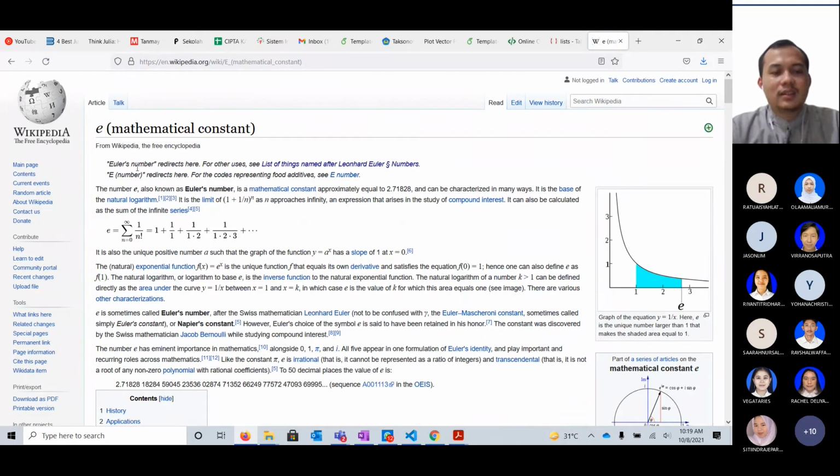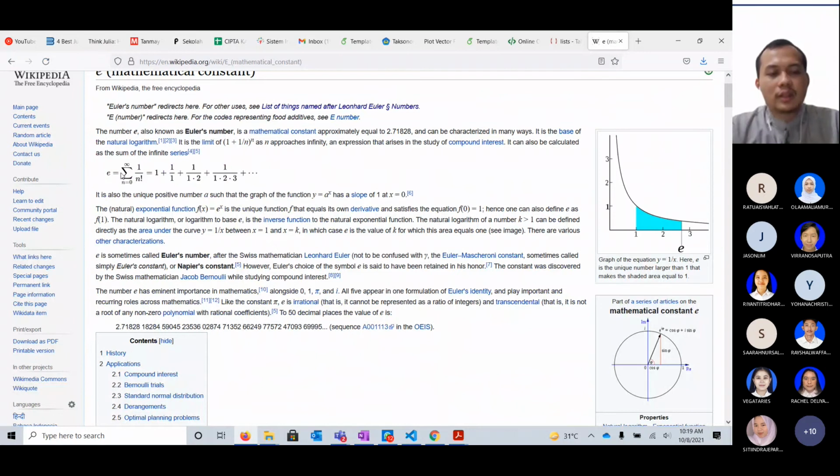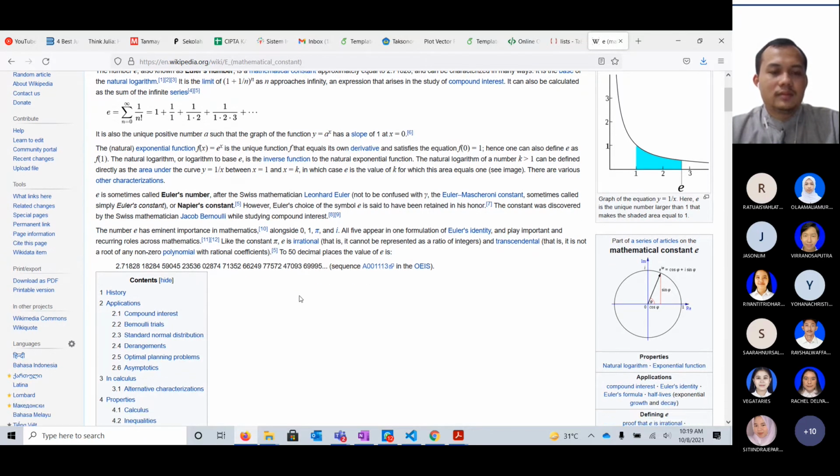This e is actually Euler's number, and it is this kind of number: 1 plus 1 over 1 plus 1 over 2 factorial plus 1 over 3 factorial and so on, up to 1 over infinity factorial. Approximately the value of Euler's number is around 2.71828 and so on. So now you know what e is.